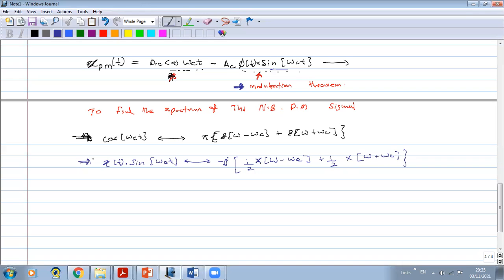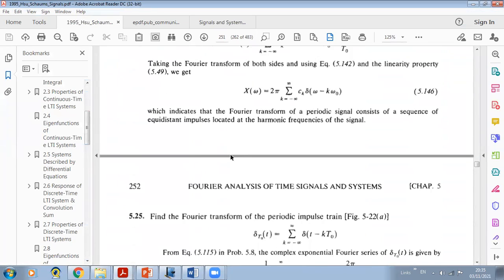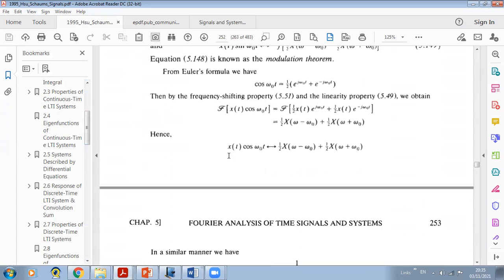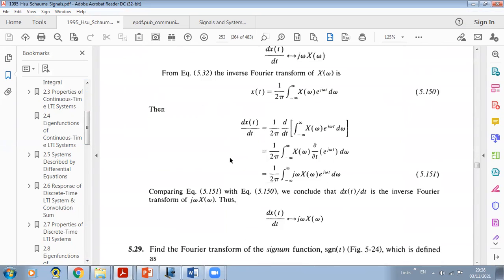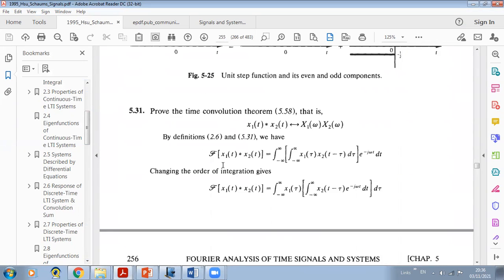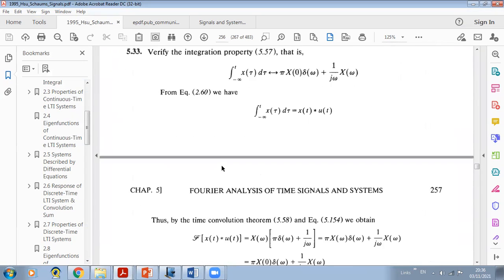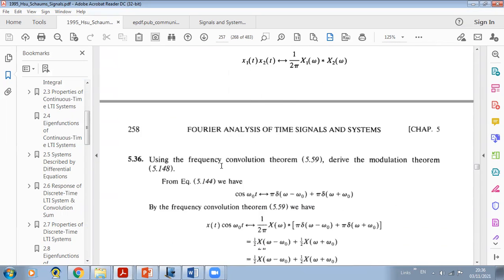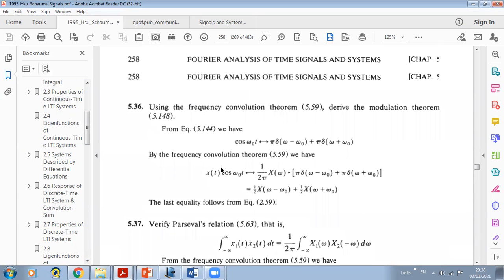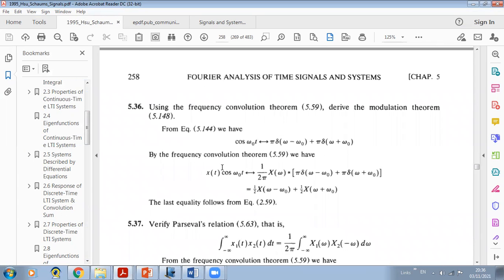Here X means the Fourier transform of x t. So using the modulation theorem, we can write the Fourier transform of this signal like this. If I verify this, no, this is the frequency convolution theorem.